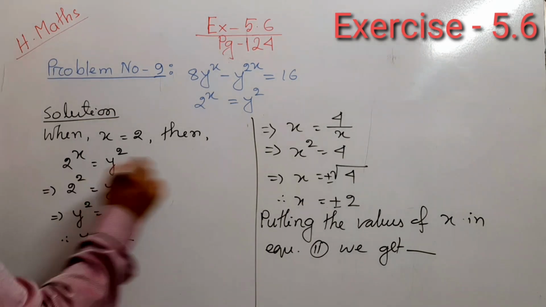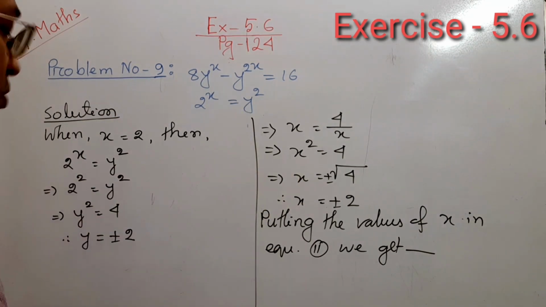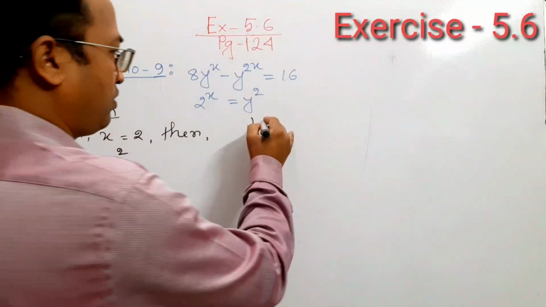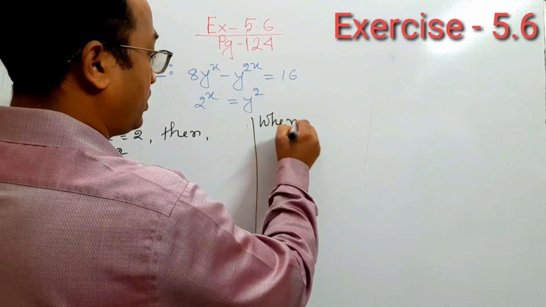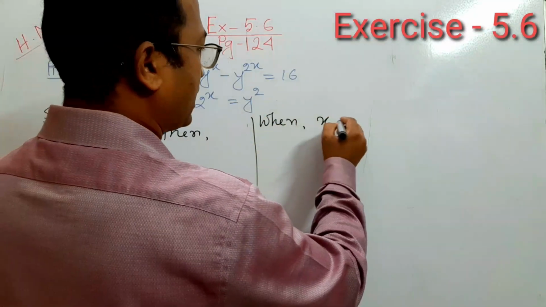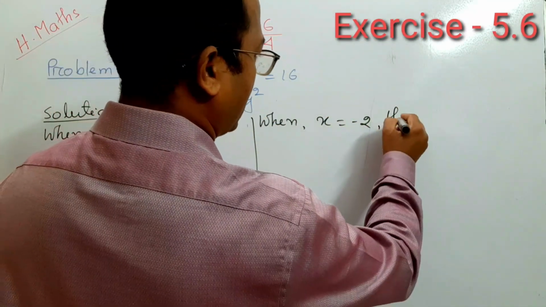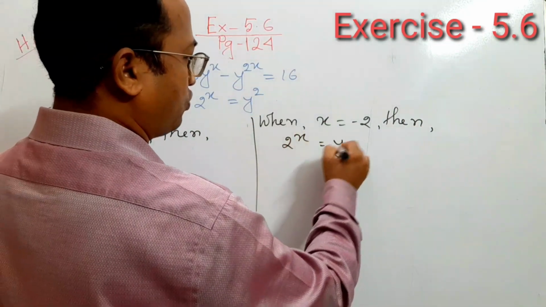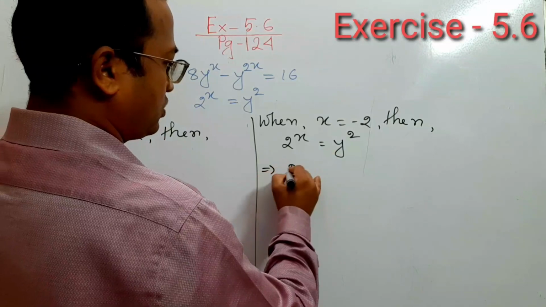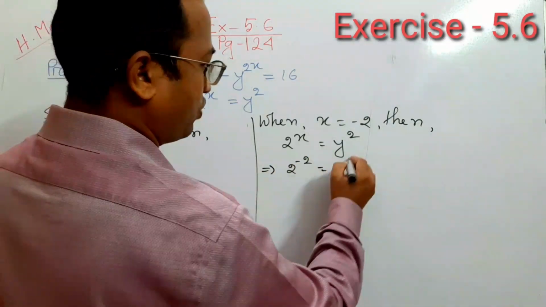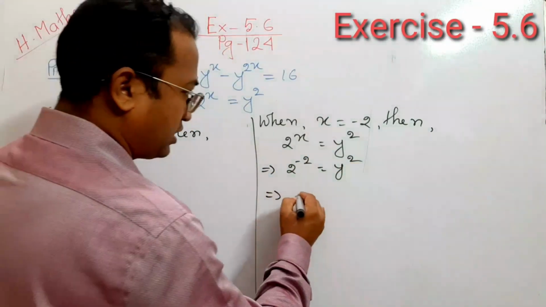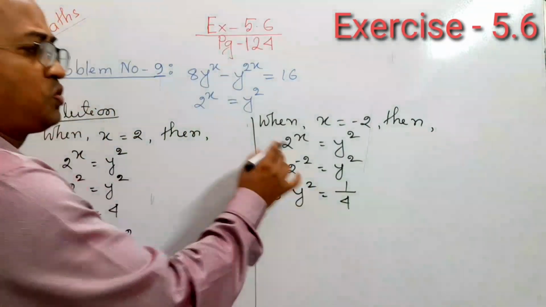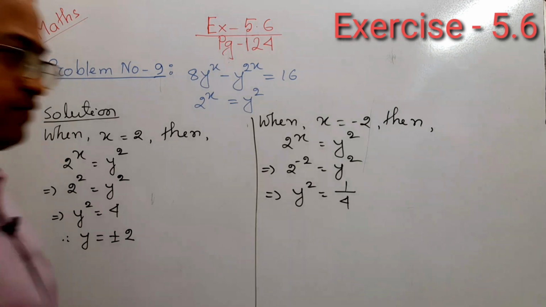Again, when x equal to minus 2, what will be the value of y? When x equal to minus 2, then 2 to the power x equal to y square, that is 2 to the power minus 2 equal to y square, that is y square equal to 1 by 4. 2 to the power minus 2 is 1 by 4.